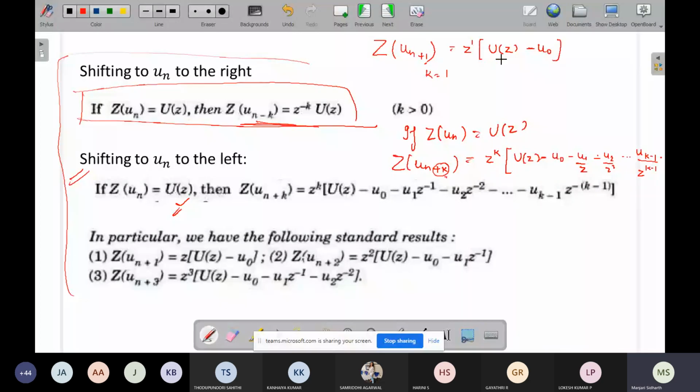Now next, only two are important: z transform of un plus 2. The k value is 2. So z square, and it will go to u1 by z.